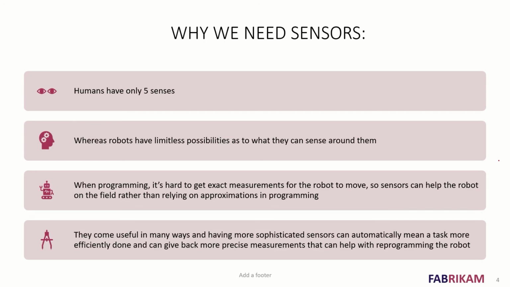So rather than relying on approximations like, oh, go forward 1.2135 feet, we can instead rely on sensors, which can give us back more input and become useful in many ways. Having more sophisticated sensors can mean a task is more efficiently done, and they can give back more precise measurements that will help with reprogramming the robot.